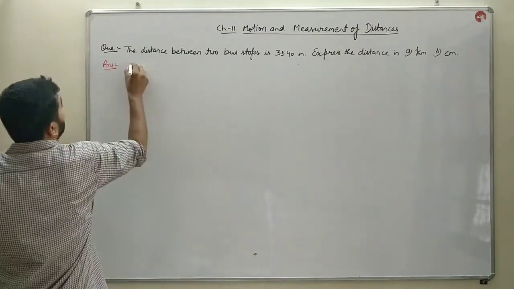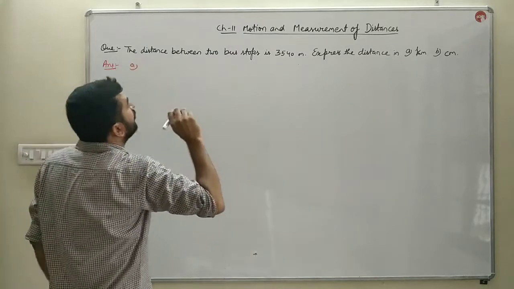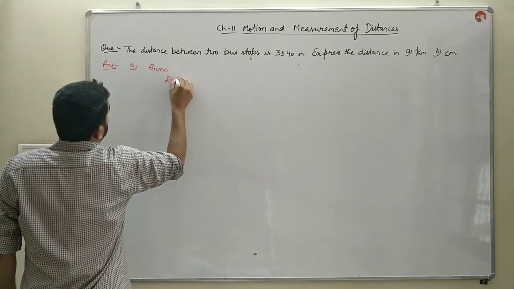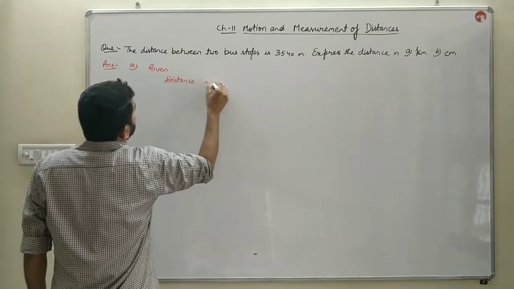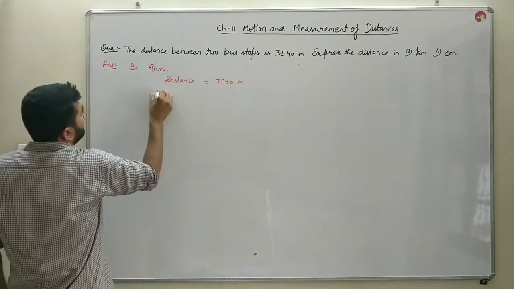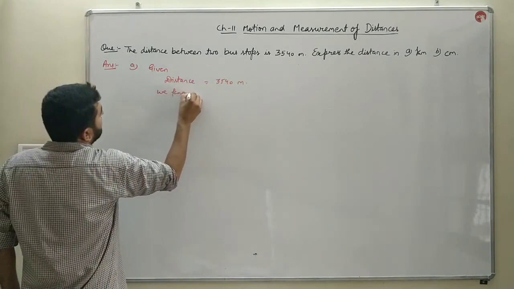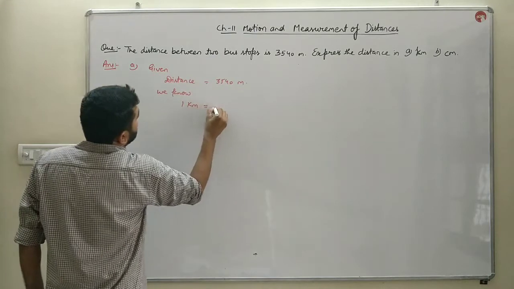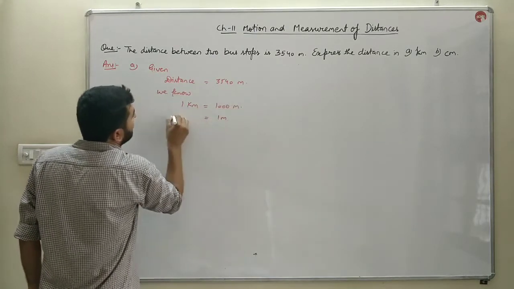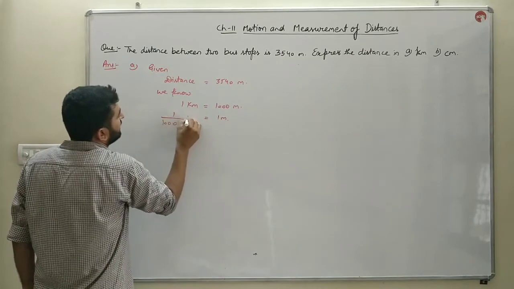So first we'll do the first part, that is in kilometers. What is given to us? Distance in meters is given to us, that is 3540 meters. We know that 1 kilometer is equal to 1000 meters, or you can say 1 meter is equal to 1 by 1000 kilometer.